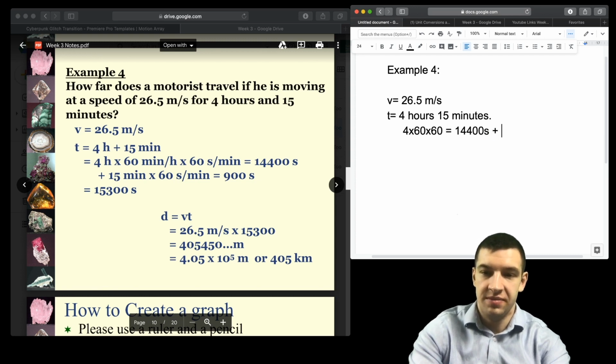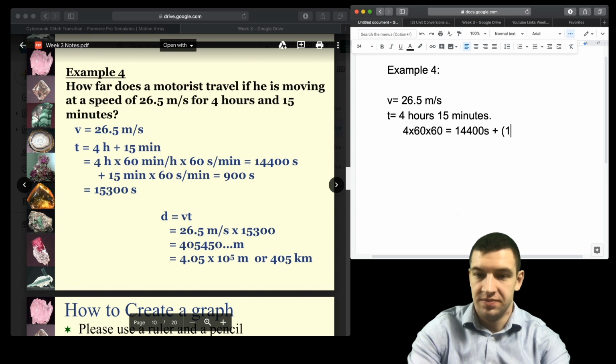Plus the 15 minutes. So that would be 60 times 15. All right? So if we keep doing that, we go 14,400 seconds plus 900 seconds.